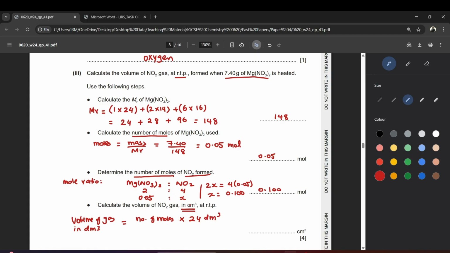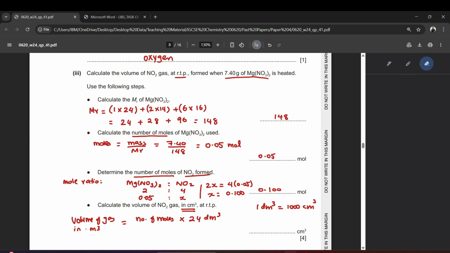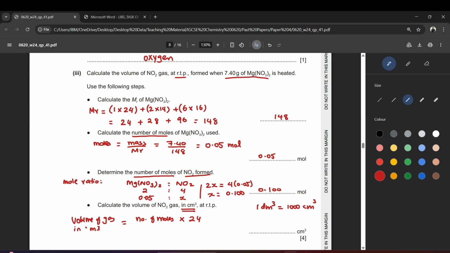However, the question is in cubic centimeters, so you have to use the conversion factor that 1 cubic decimeter is equal to 1000 cubic centimeters. Therefore, I'm going to change my formula, and instead of 24, this will be 24,000. So 0.1 multiplied by 24,000 gives us 2400 cubic centimeters.